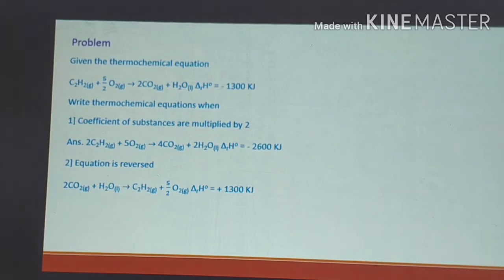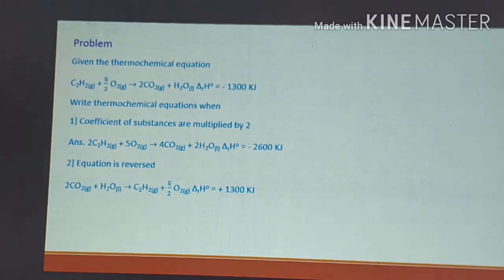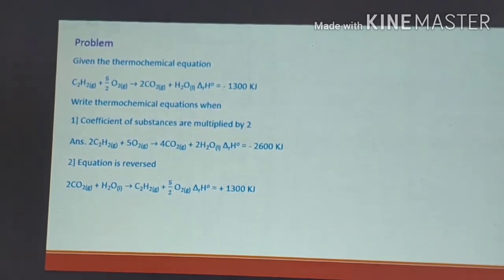What you do is you just change the sign, make it opposite. So minus will become plus. So if the equation is reversed, the standard enthalpy of reaction will become plus 1300 kilojoules. Okay, so this is about the thermochemical equation.